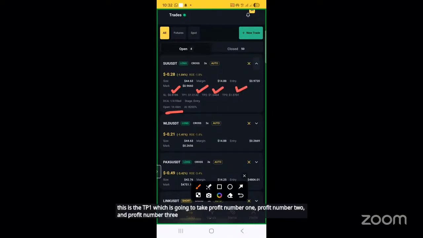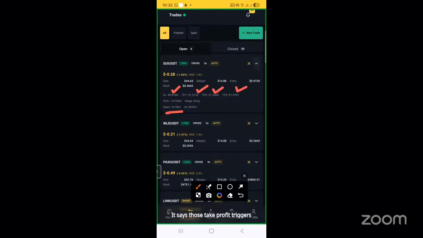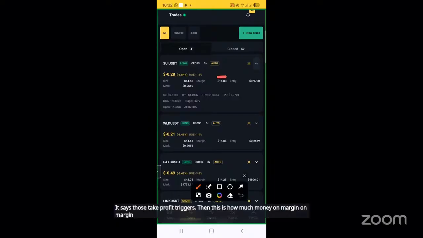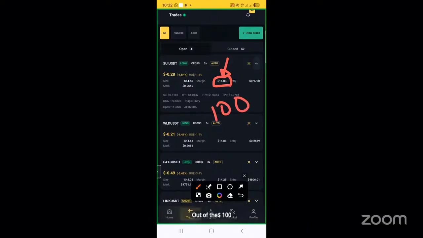Those are the take profit triggers. Then this is how much money on margin the bot has put in this coin of SUI. Out of the $100, it has first put 14.88. Then it has entered from here. The market price is now here, but its take profit is here.